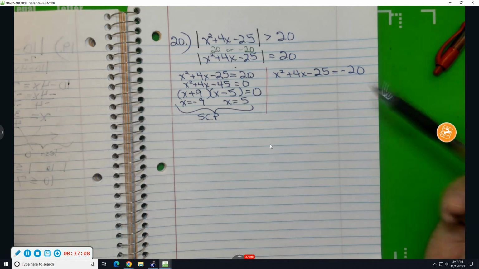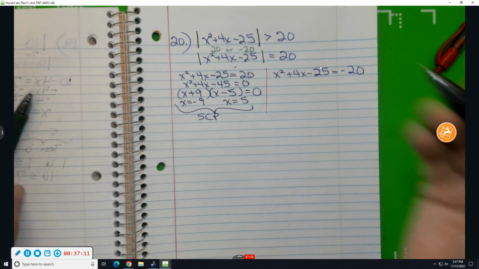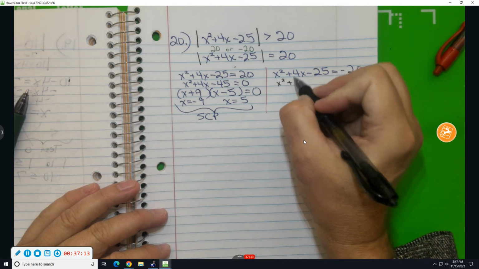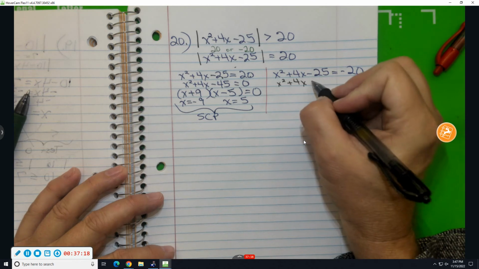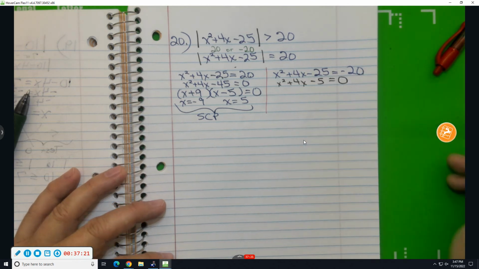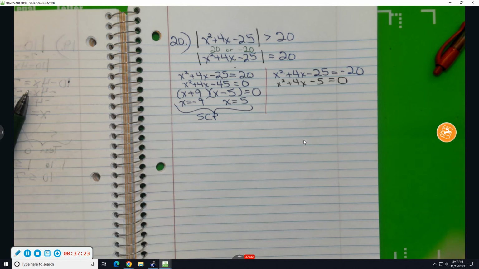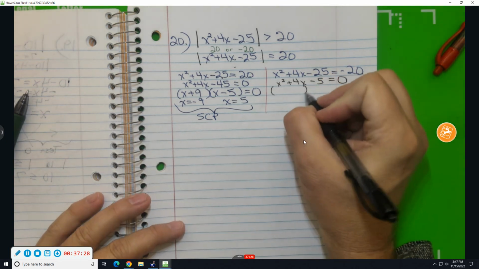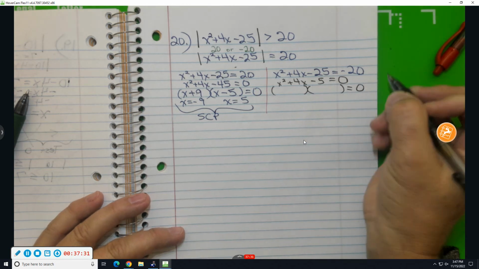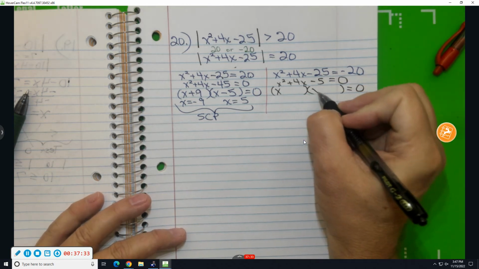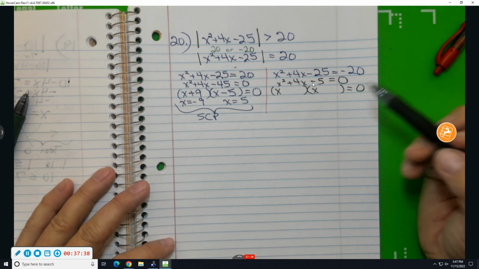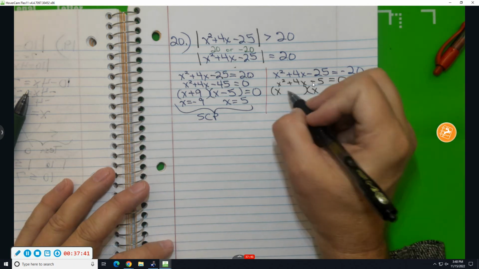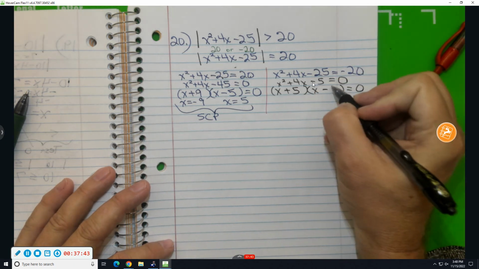Now, add 20. That'll give us x squared plus 4x, negative 25 plus 20 gives us a minus 5 equals 0. We're going to factor again. X squared is x times x. What do we know about the signs? Okay, the last sign's a minus. So how about a positive 5 and a minus 1?